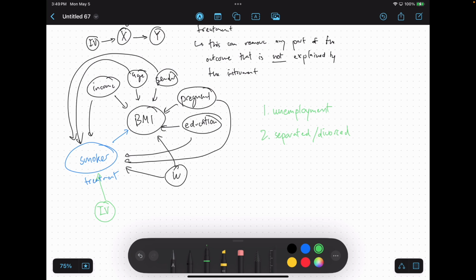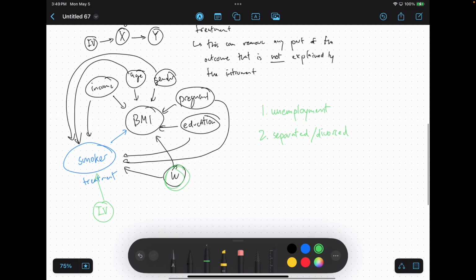Okay, yeah, and so maybe there's something going on with the you, right? You go through some diet that you maybe don't observe. What about how it might relate to, so separated or divorced, that might actually relate to the likelihood that someone's pregnant, right? Okay, so also this instrumental variable, even though it does do this thing, I'm worried that it would do this as well. Okay, so in that case, no good.